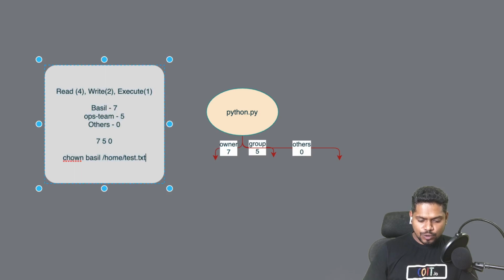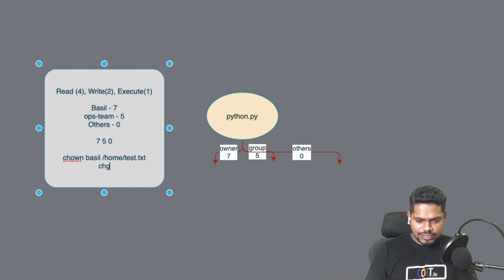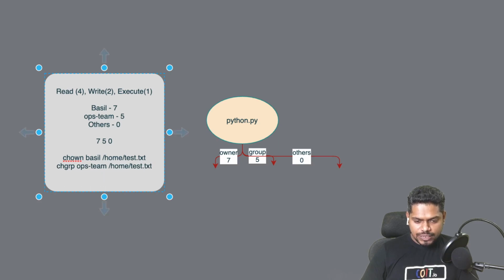I want to set the group for the file. There's a command called chgrp, opsteam, then /home/test.txt. This command will make opsteam the group of this file. That's what the chgrp command will do.